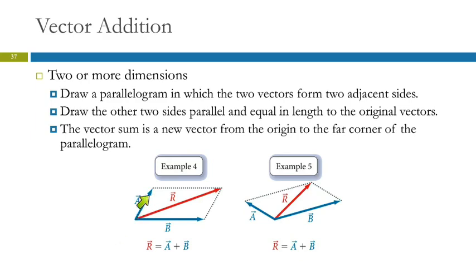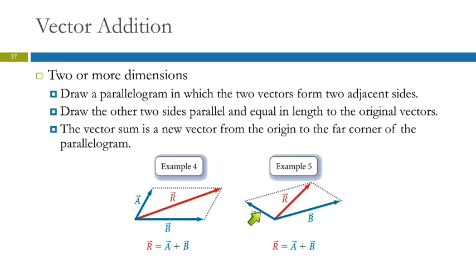So if we start adding vector A and vector B, this is a 2-dimensional system, and so it's not as straightforward. What you do is you draw a parallelogram. So you draw a line parallel to vector B and a line parallel to vector A. The sum of those 2 vectors is the vector going from the origin of both of them to the opposite corner of the parallelogram.